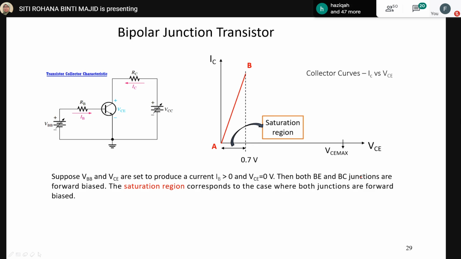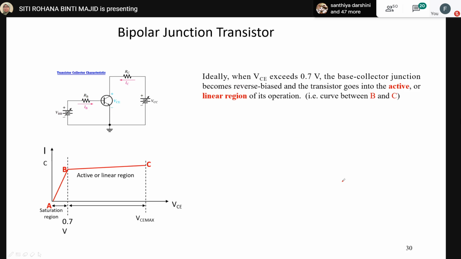The clue is that both EBJ and CBJ are in forward bias. That's why you can see the current is very high, but the change in voltage is very small.